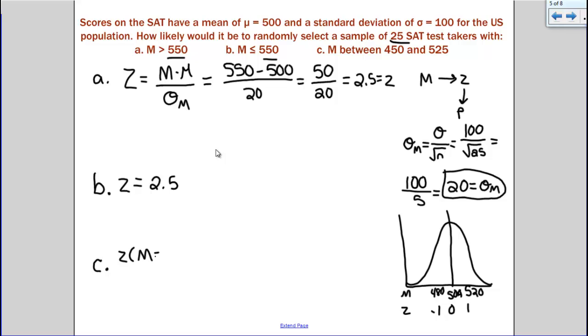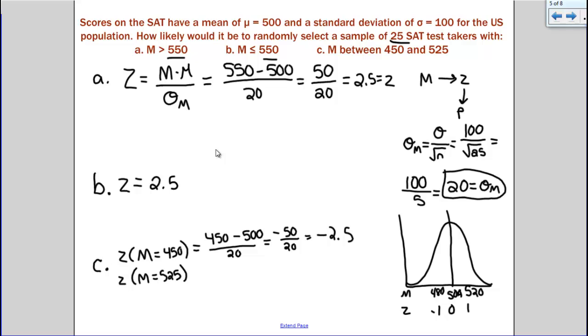Mean of 450. And the z-score for a mean of 525. So for the first one, 450 minus the population mean of 500 divided by the standard error of 20, you get negative 50 over 20, which is negative 2.5.